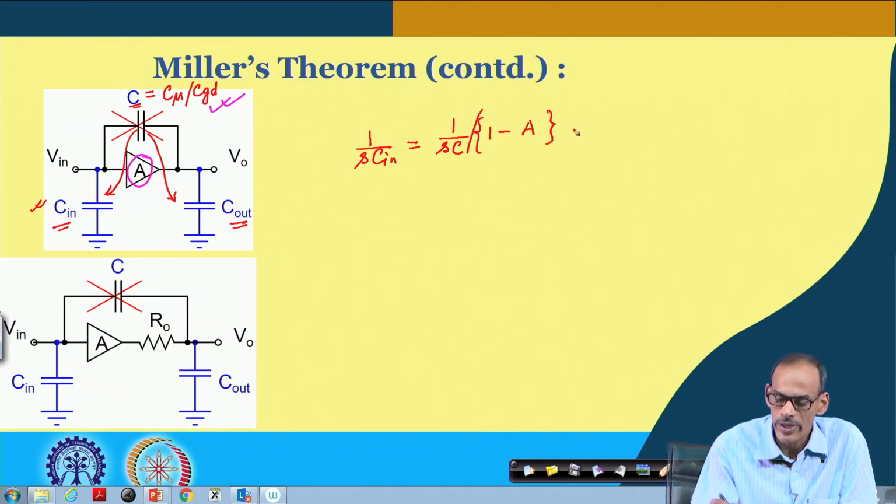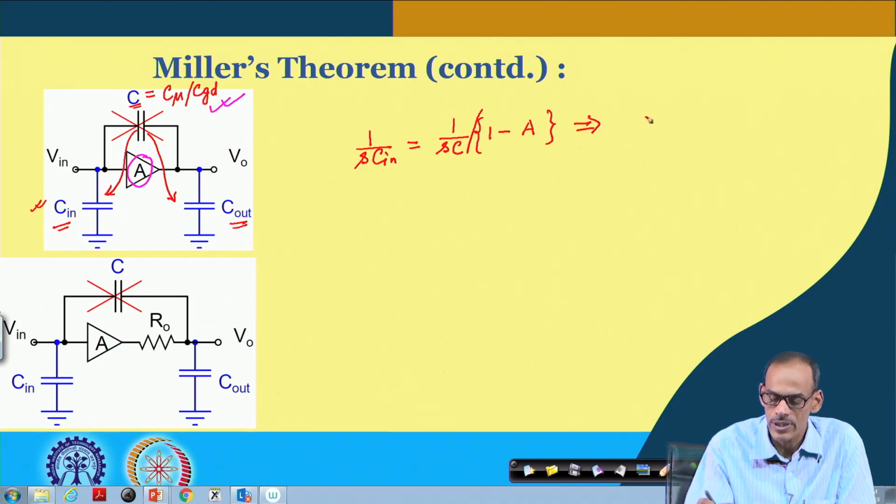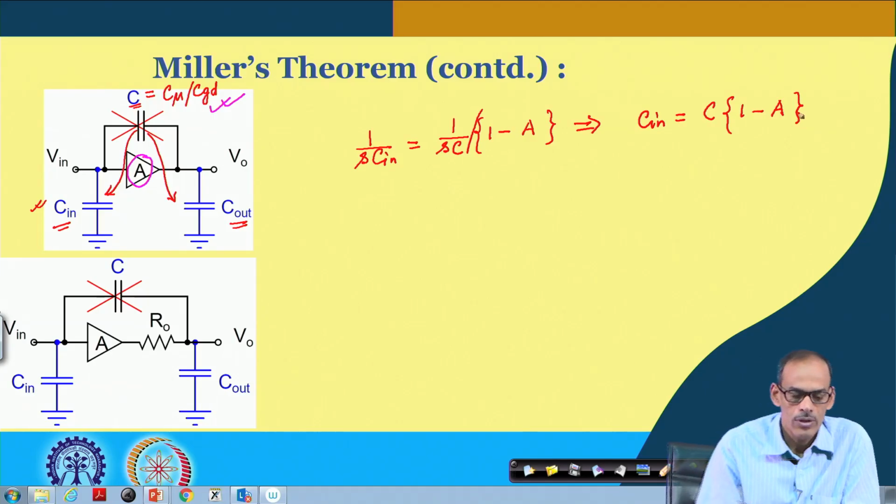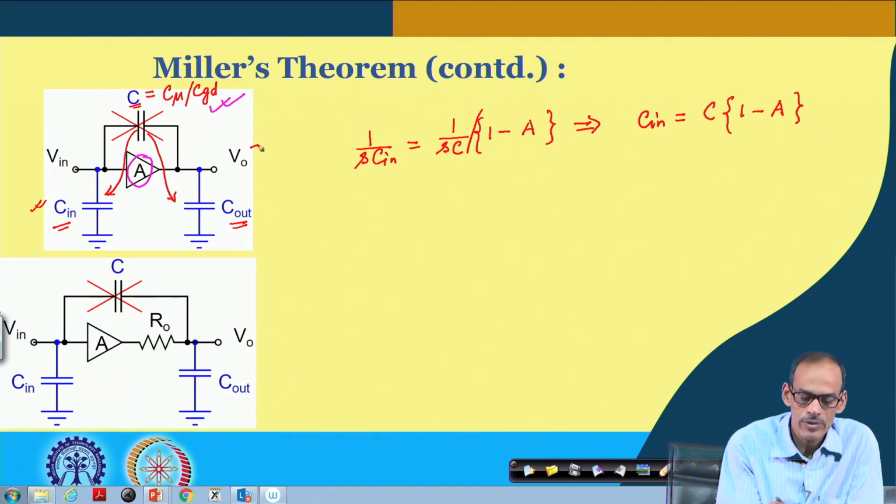Now, if I rearrange this equation, what we are getting here is C in equals C multiplied by 1 minus A. Note that whenever we define this A, we consider VO equal to A times V in.